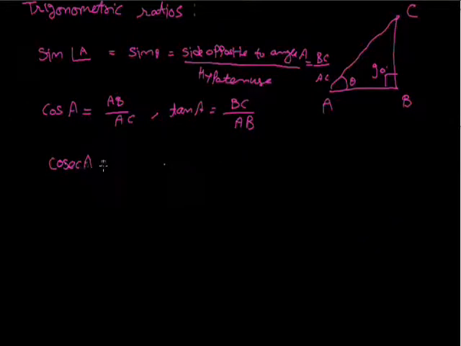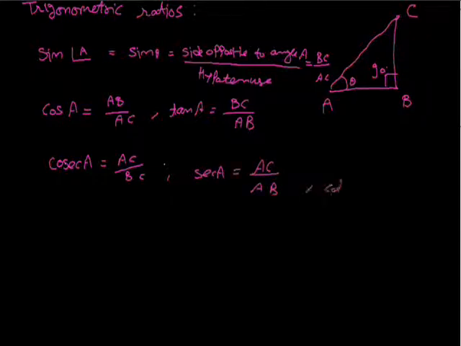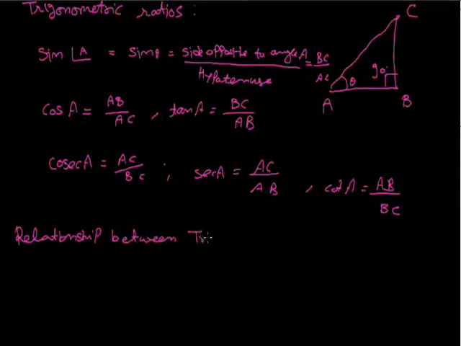Cosec A equal to AC upon BC. Sec A equal to AC upon AB and cot A equal to AB upon BC. Now the relationship between trigonometric ratios.